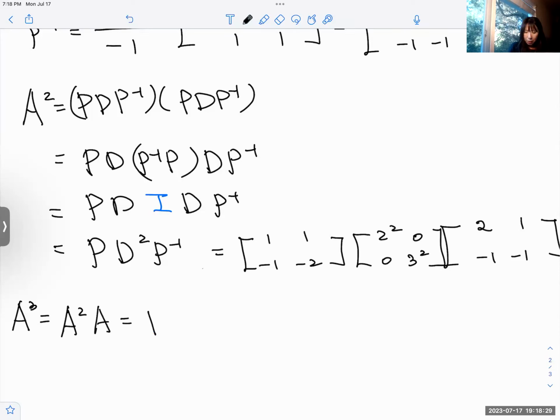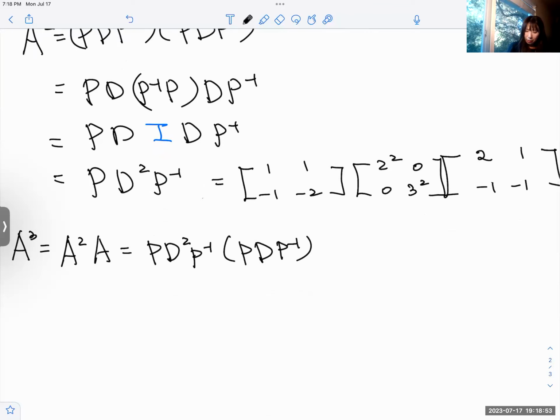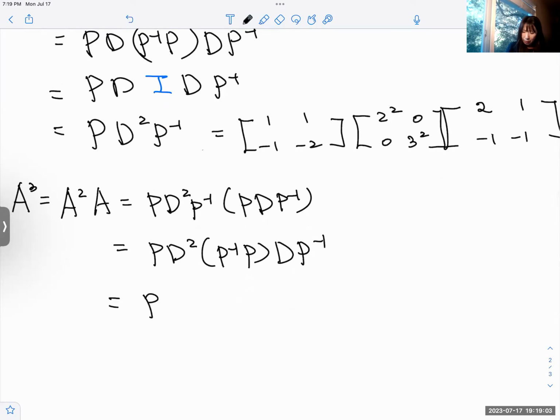That is P D squared inverse of P, times A, which is P diagonal matrix inverse of P. So there will be P D squared, inverse of P and P D inverse of P, so there will be identity again.